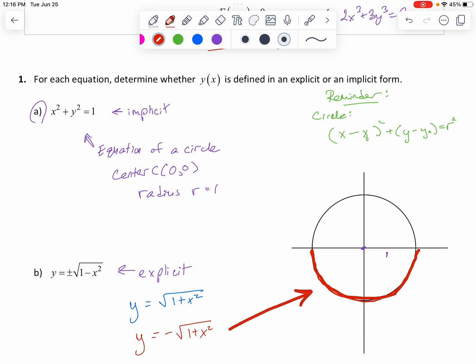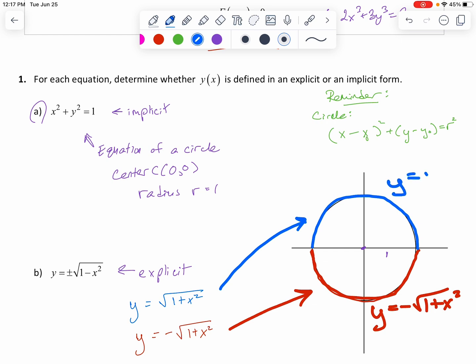So this part is y equals the negative radical of 1 minus x squared. And the blue part is showing the positive equation, where y equals the positive radical of 1 minus x squared. So even though we were not given a function, we're given a circle, we can split it into two separate equations and get two separate functions. And that's how we solved that one explicitly.